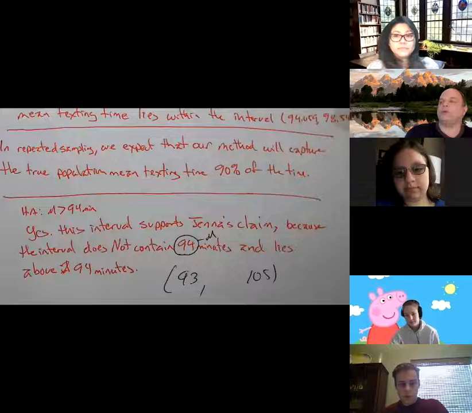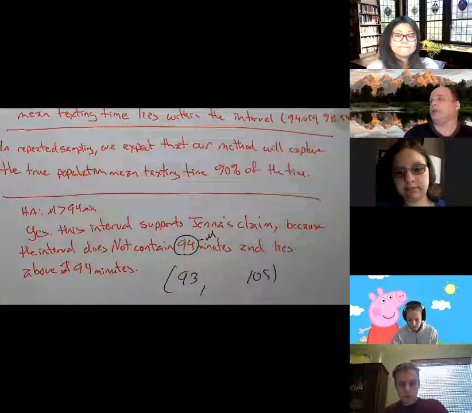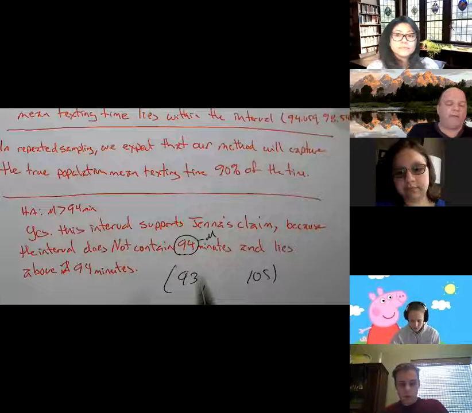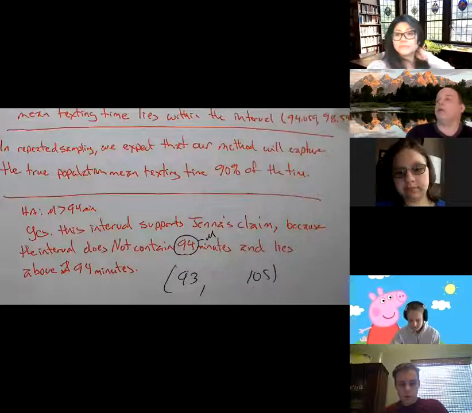One of the questions that was asked is, if we said that the interval contains 96.3 and did not mention that it was greater than 94, would that be okay? And the answer is no, that's not okay, because all we're worried about is whether the claimed mean lies within the interval. It's plausible that I could have had an interval as low as 93 and as high as 95, in which case 96.3 lies within the interval, obviously, but so does 94.